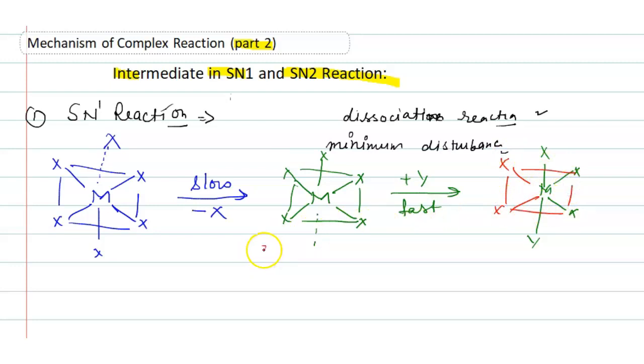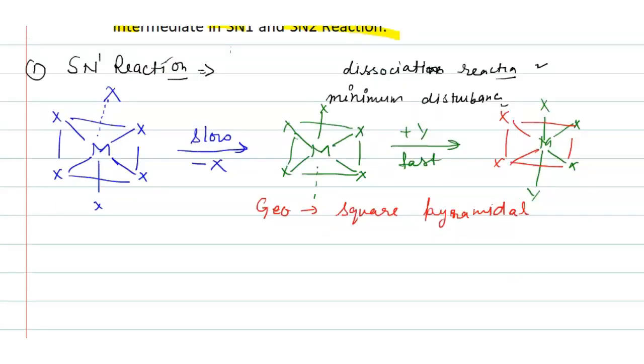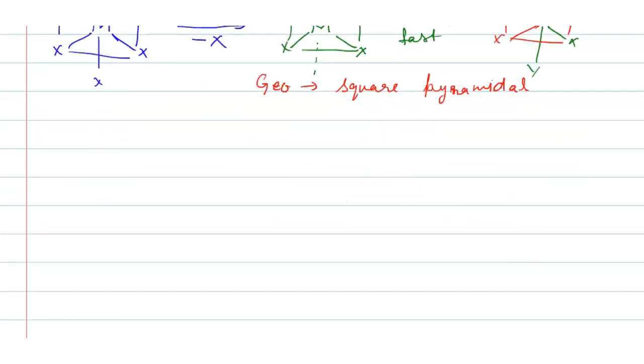This geometry is square pyramidal. Now the second example is for a metal complex, where X is released.